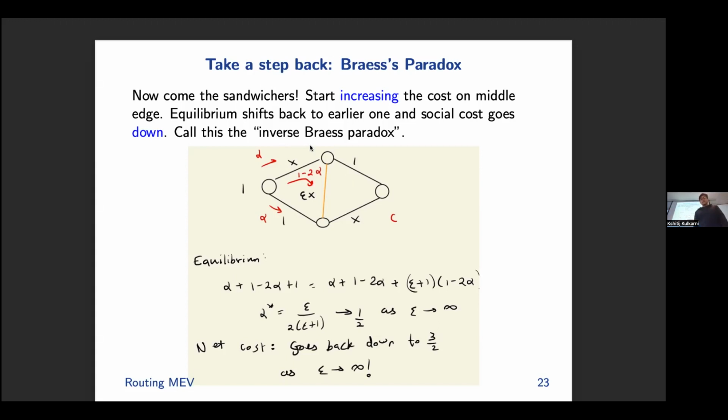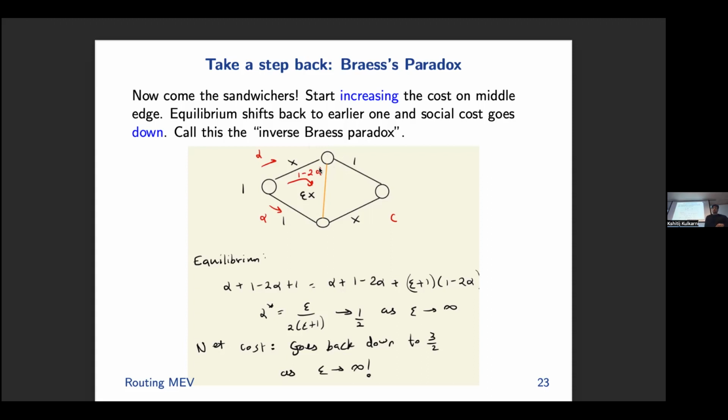And so what happens here is you start with some small epsilon, and as you increase epsilon, that is, you increase, for example, the sandwicher's presence by worsening the slippage limit on this network, you're going to shift the equilibrium back to what it was earlier. And in particular, you're going to reduce the cost of the network.